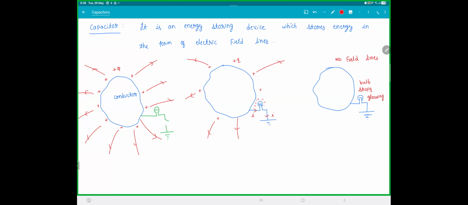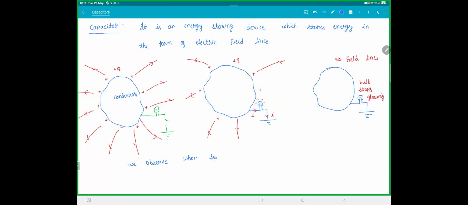You're getting it. So from here we can conclude somehow that energy is stored in the form of field lines. We don't know how or why, but you can reach that conclusion. Later on, we are going to prove a relation between field and energy also.